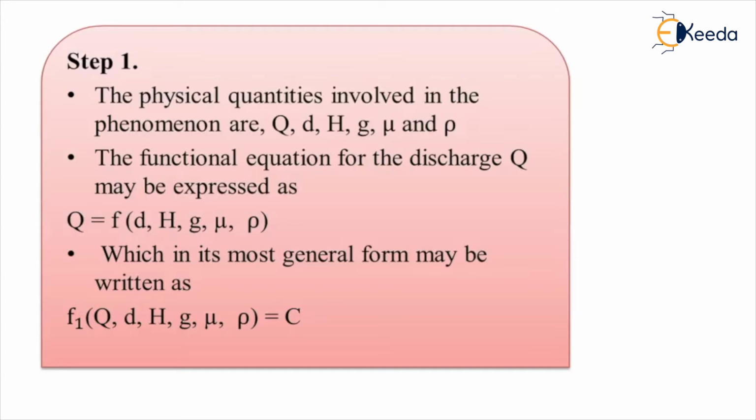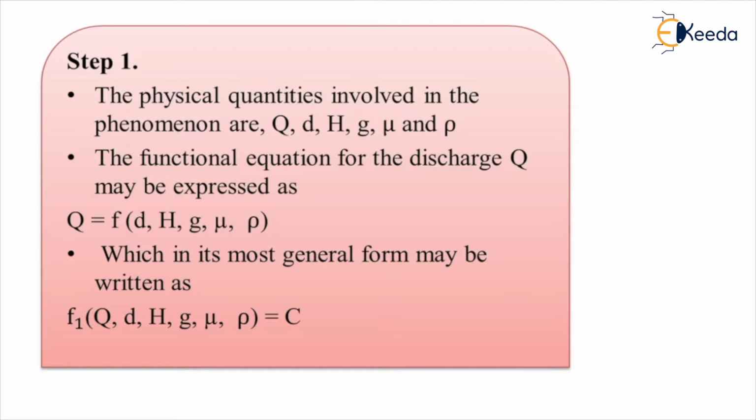The physical quantities involved in the phenomenon are Q, that is discharge, small d, that is the diameter of orifice, capital H, that is the constant head, small g, that is acceleration due to gravity, mu, that is dynamic viscosity, and rho, that is the density.